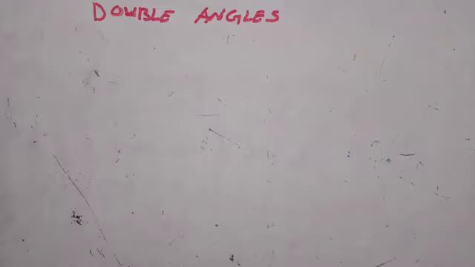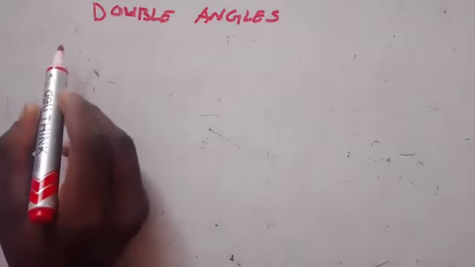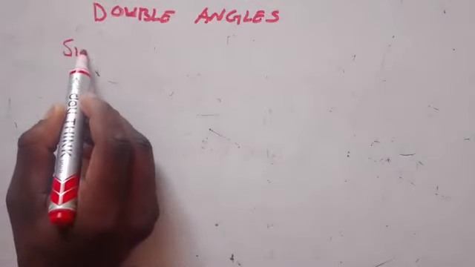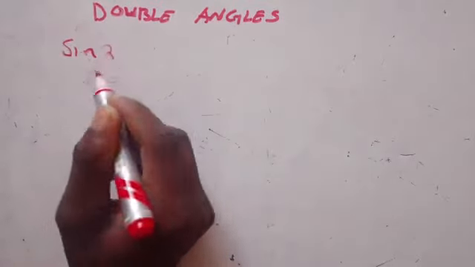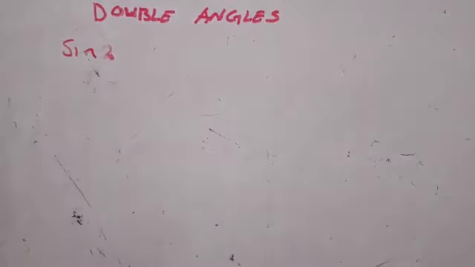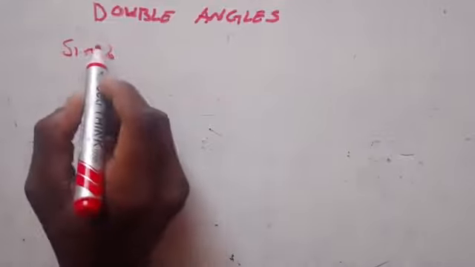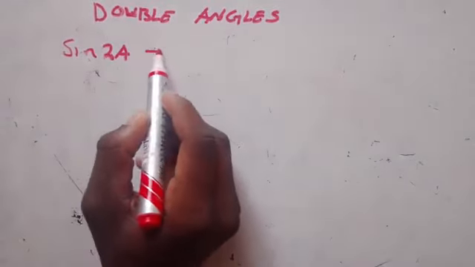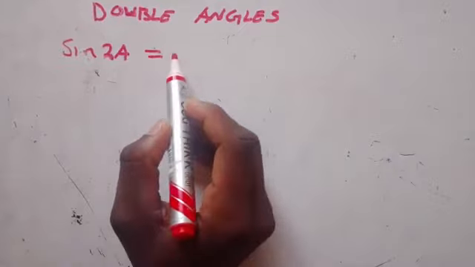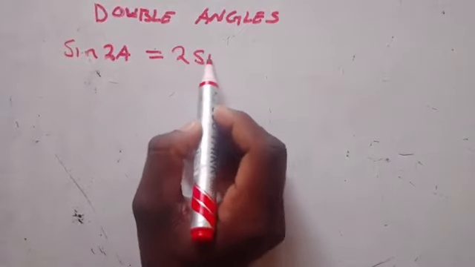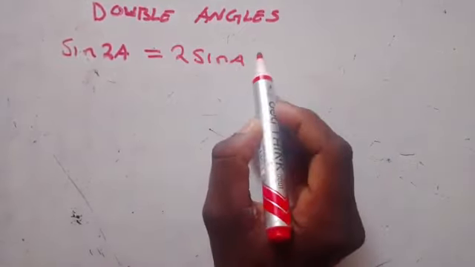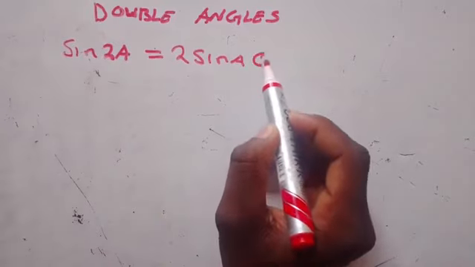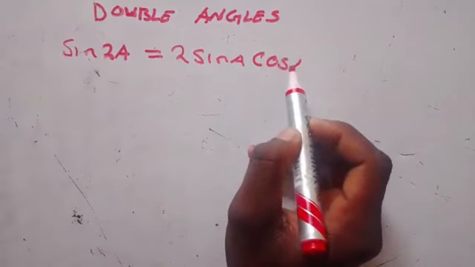The first identity on the double angles is sine 2a. Sine 2a is equal to 2 sine a cos a.